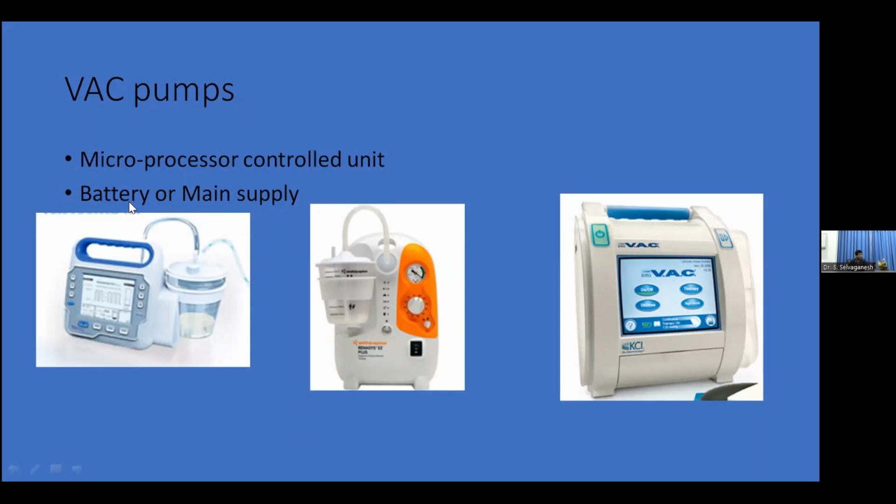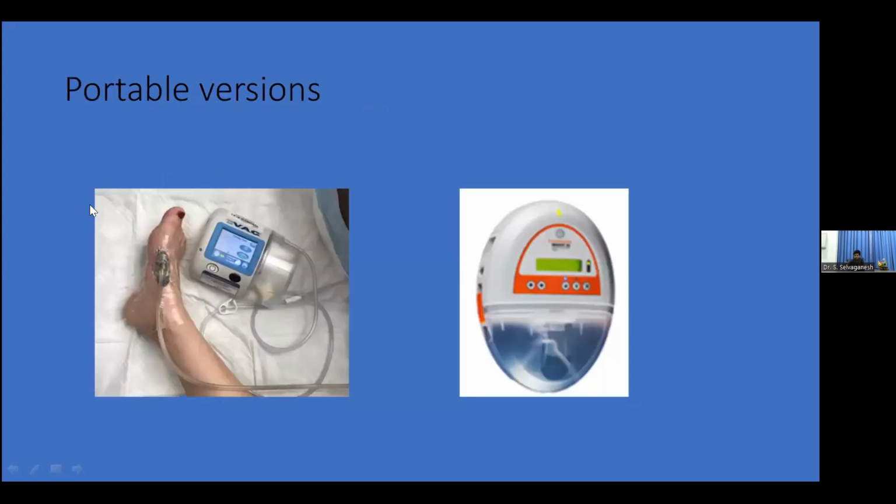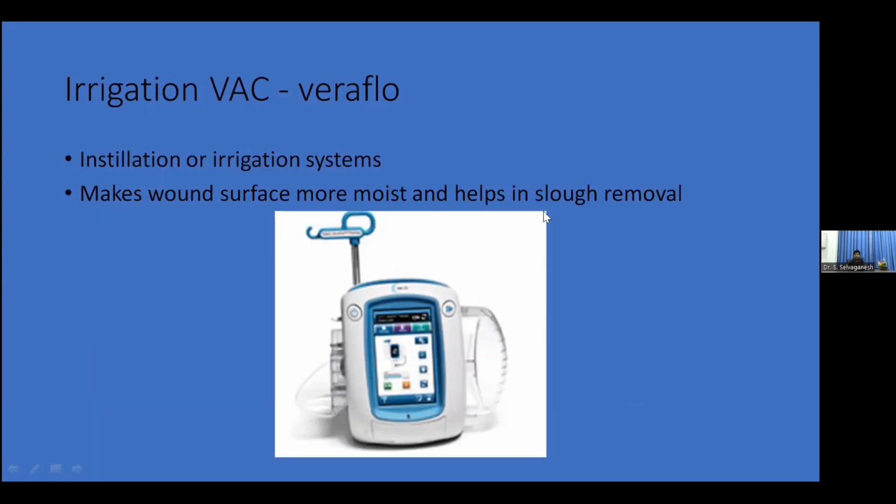This is the latest version, called Veraflo, where irrigation is applied. If you want to irrigate the wound while the vacuum dressing is on, you can do that also. You can irrigate with antibiotics, saline, or whatever.